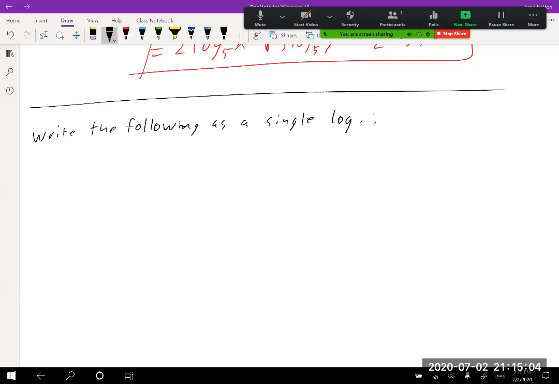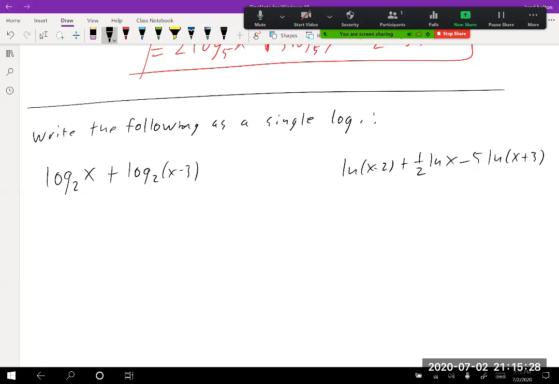We're going to give stuff like this: log base 2 of x plus log base 2 of x minus 3, so that'll be 1. Then we have natural log of x minus 2 plus 1/2 natural log of x minus 5 natural log of x plus 3. Okay, so let me write one more down, maybe 2.